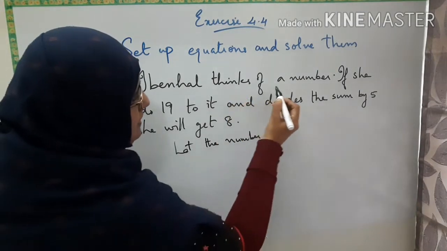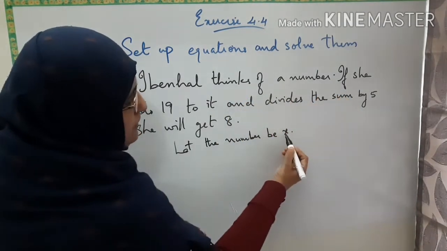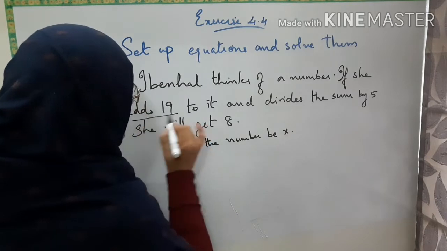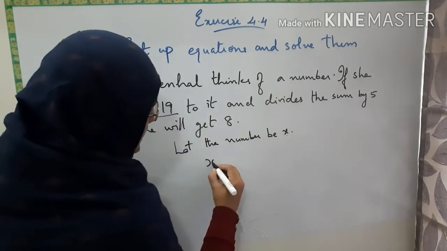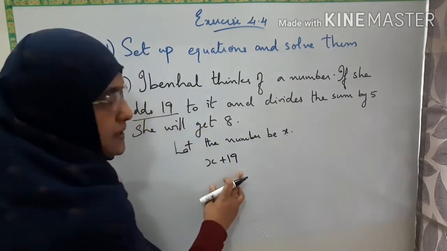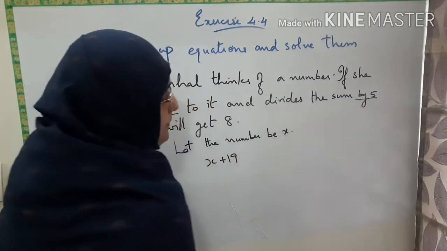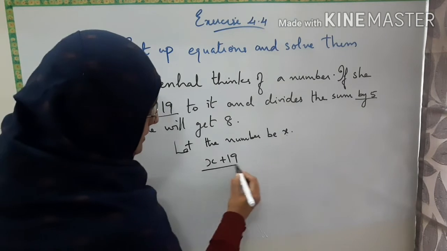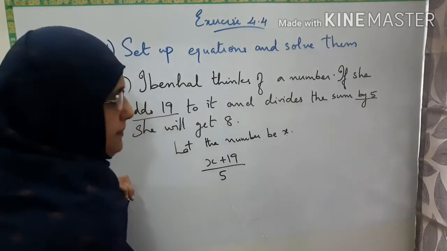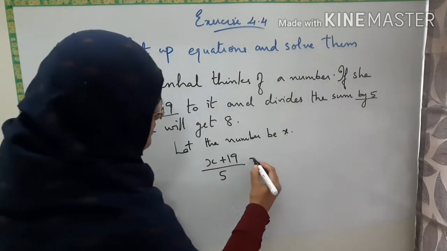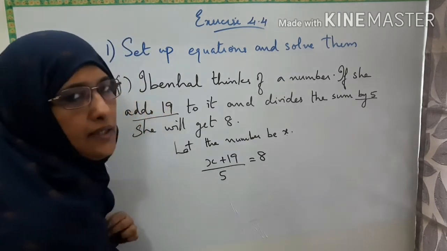She thought of a number; we took it as x. She added 19 to that number, x plus 19. And she divided the sum by 5. She got 8.